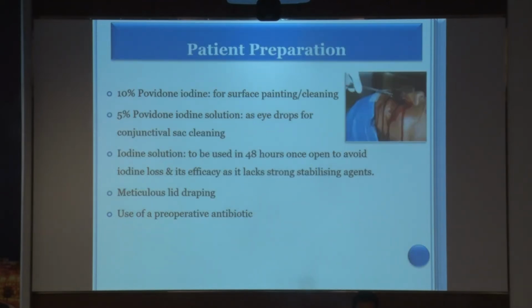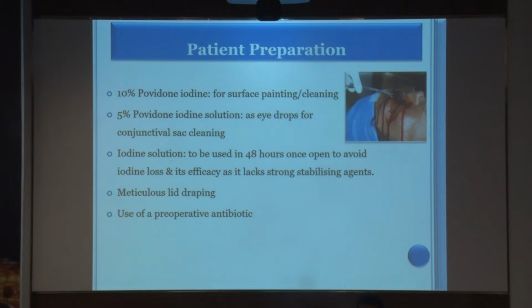That is important. Then 10% povidone iodine should be used for surface painting and cleaning, and 5% povidone iodine solution should be used in the cul-de-sac and kept for 1 minute. Now, there was one study in BJO wherein they said that a double contact of 5% povidone iodine with a gap of 10 minutes helps.